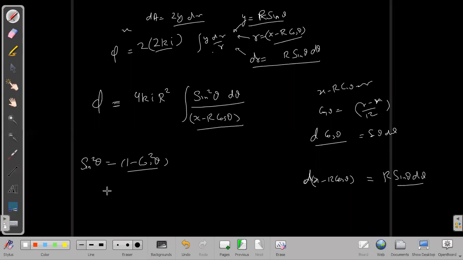Then we get x by r minus cos theta in the denominator. Then what? Sir, no, sir. Okay, no problem. Leave it. I will tell it after some time when I get the answer.